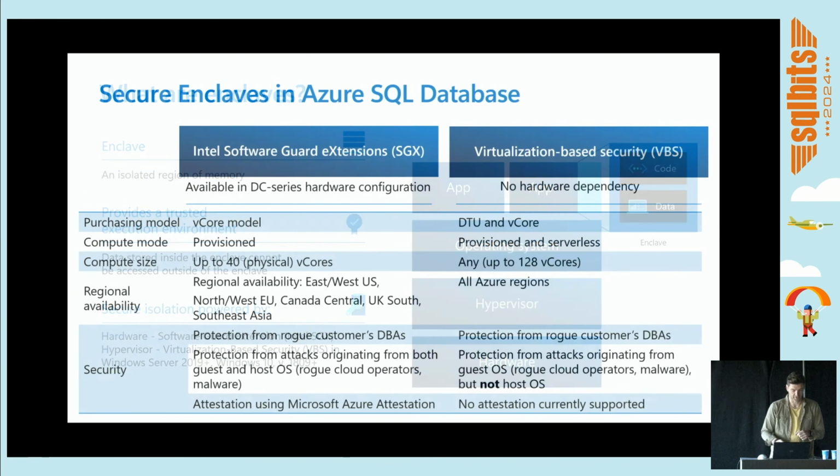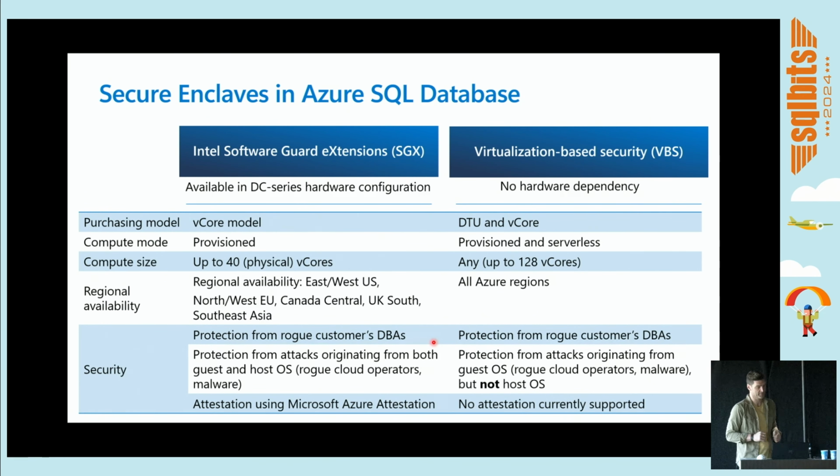Now, what is the difference? If we look at secure enclaves in Azure SQL Database, you have both of the options. You can choose between Intel SGX enclaves or VBS enclaves. If you want to use Intel SGX, you need to configure a specific type of database called the DC series. You will see that in the portal.